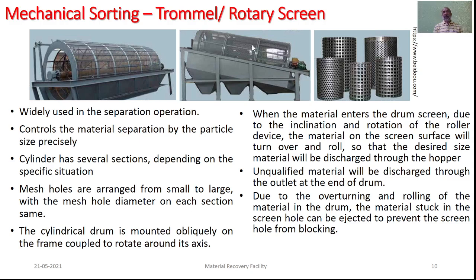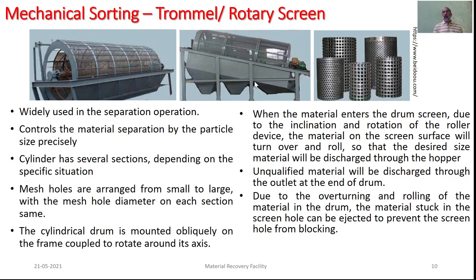This cylinder is mounted in an inclined manner with respect to the horizontal, and it is coupled to rotate around its longitudinal axis. When the material enters the drum screen, due to the inclination and rotation, the material will turn over and roll so that the desired size material will be discharged through the hoppers as you see here.